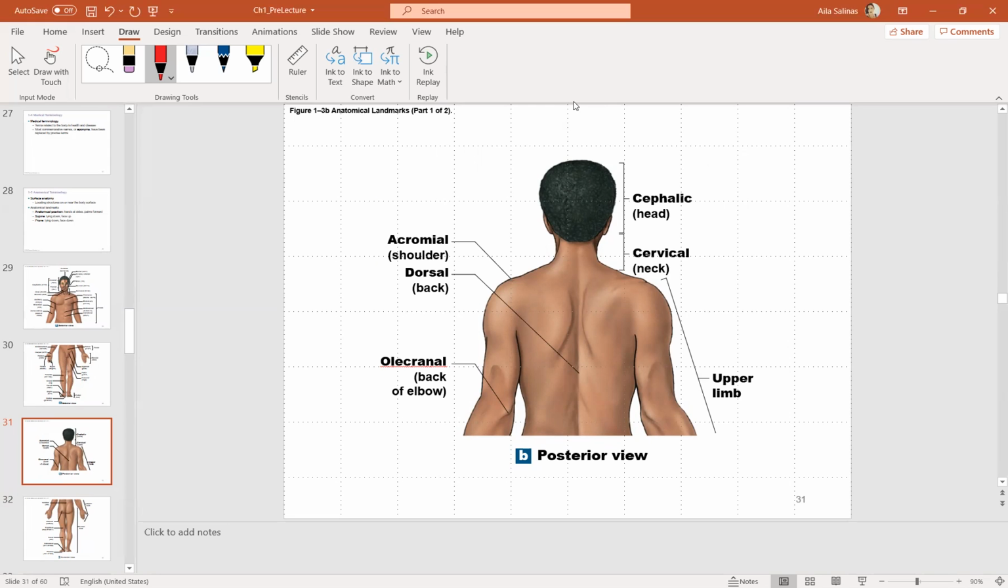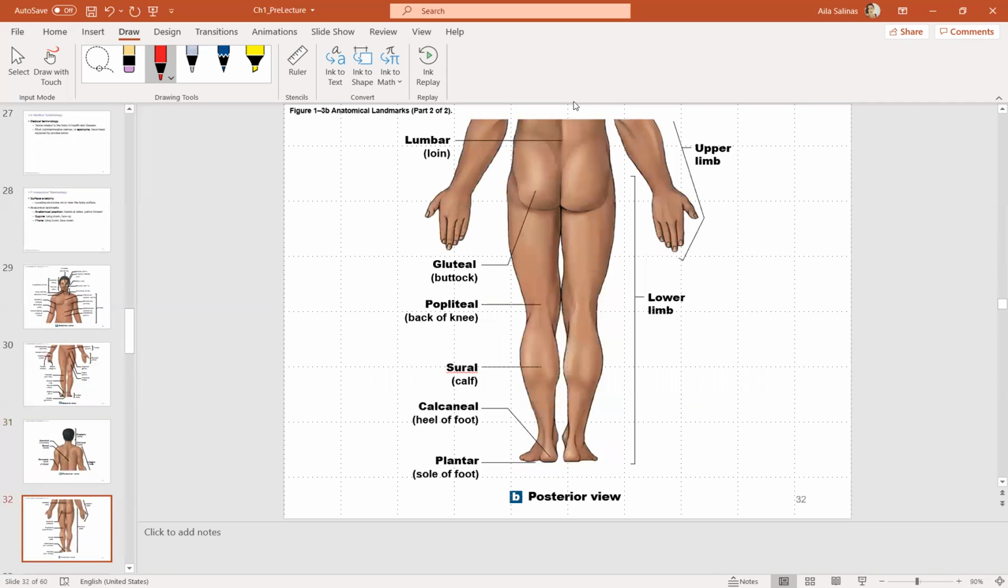At this first moment, you don't need to memorize everything, but you need to get familiar with those terms. We have the lumbar or loin. This is still part of the upper limb, and from the pelvic to the toe, we have the lower limb. And gluteal refers to your buttocks.